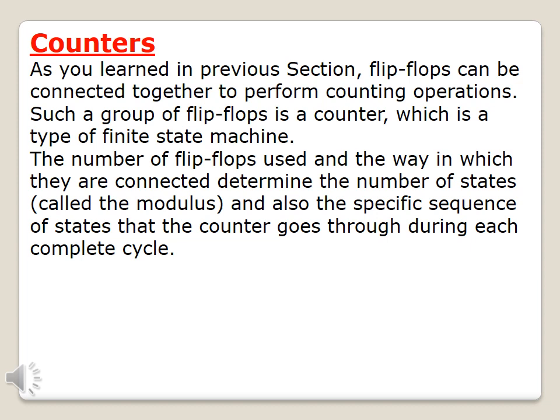Those counters which have a single clock signal connected are called synchronous counters. Asynchronous means different clock signals are provided to the different flip-flops. So that is the difference between synchronous and asynchronous counter. We already discussed synchronous and asynchronous.